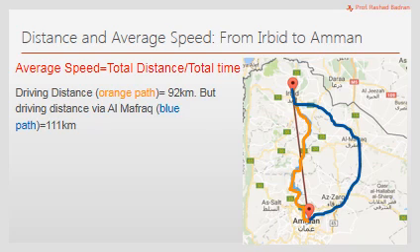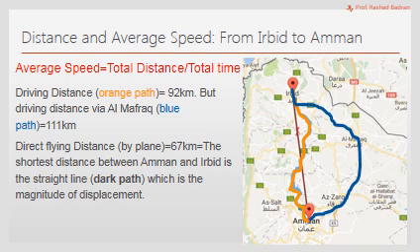There is a third path, which is the one from Amman to Irbid, which is a straight line one, which is this one. This is the shortest distance, which is considered as a flying distance by plane, is 67 kilometer.